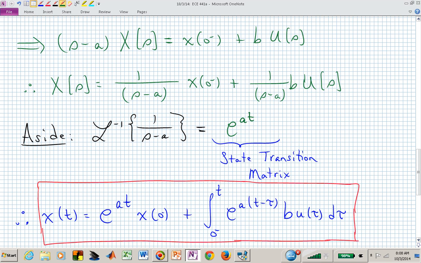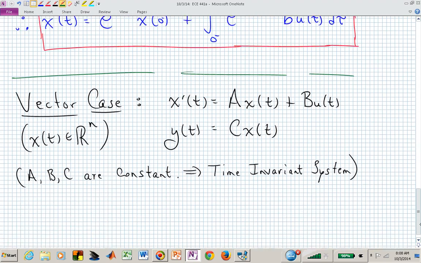Those can be completely different. You could have exponentials in your system, and you could be exciting your system with a sinusoid. And u of t could be sinusoidal. It wouldn't even have to be decaying exponentially damped sinusoids. You might just want it to be oscillating.